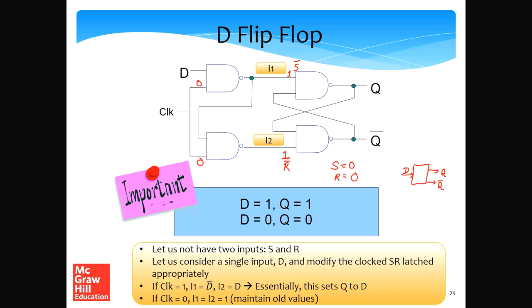Essentially, logically, at least a single output. And we are saving D. So when the clock is 1, the value of D is getting stored and it is reflecting here. Then at the time of the negative edge, the value remains stable, right? So once it reaches 0, we'll maintain the value of Q and Q bar that was set. And as long as the clock is 0, the flip-flop will maintain its value.